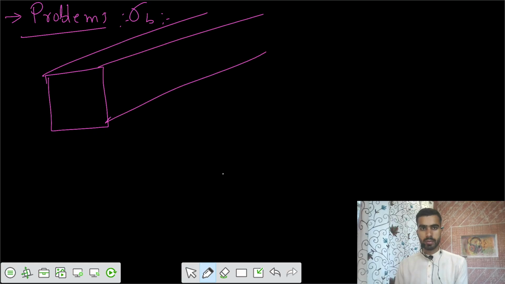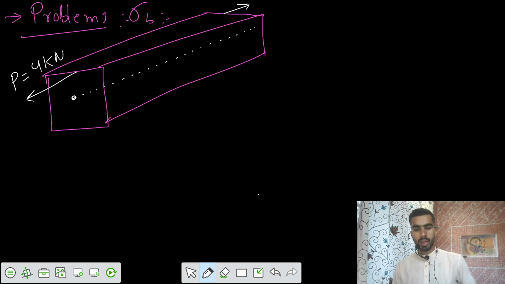Then you apply a tensile load at the top, a tensile force of P equals 4 kilonewton. This is our centroidal axis, or we can say principal axis.